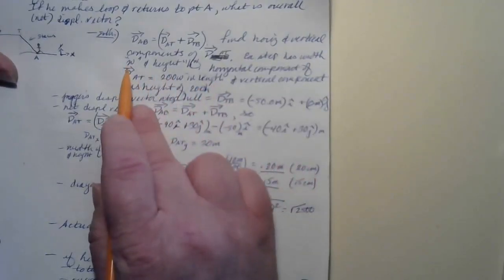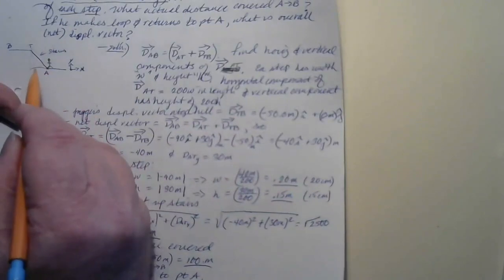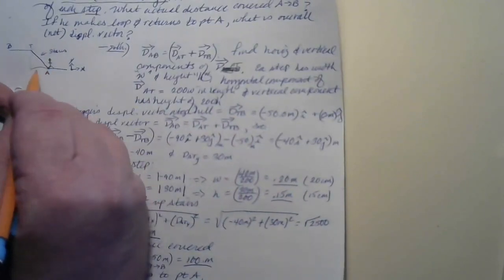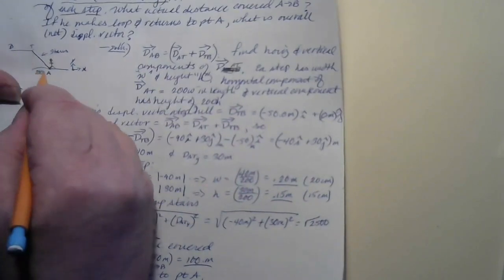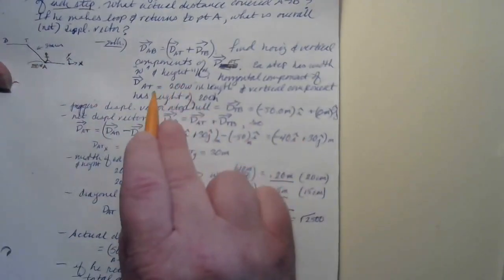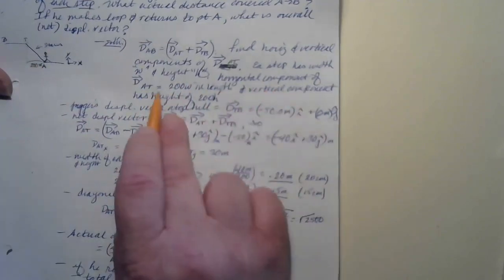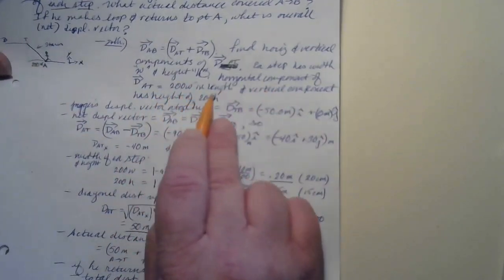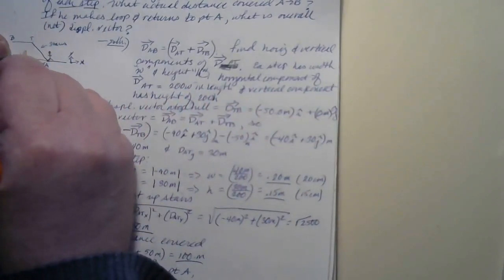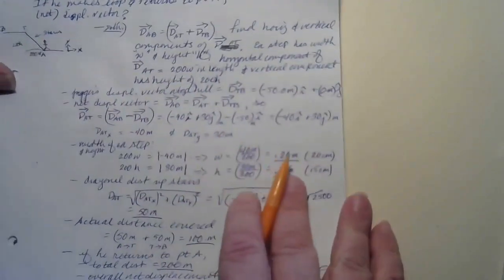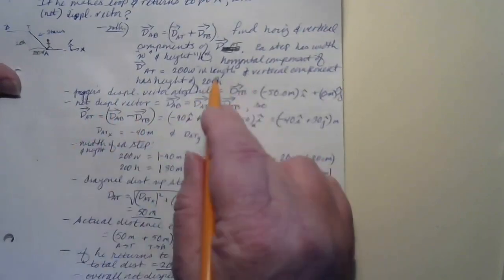So if we let W represent the horizontal component, then the horizontal component would be 200 W, and the vertical component would be 200 H. Okay.